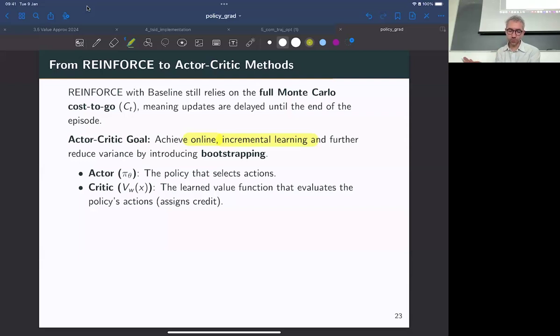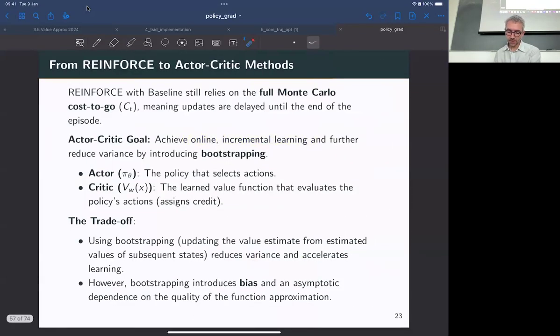So we're going to have two networks, one representing the actor, pi, and one representing the critic, v, which is the learned value function that evaluates the current policy. The trade-off is that we introduce bootstrapping to reduce the variance, but we also introduce a bias. So we need to be careful because if not tuned properly, this bias may actually jeopardize completely the convergence of the algorithm because it's leading you elsewhere.